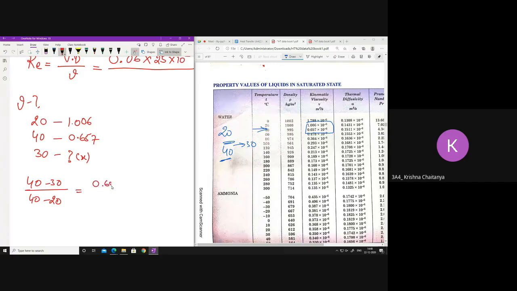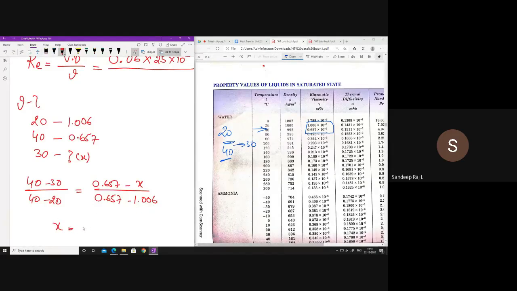Sir, is it 0.8315 into 10 to the power of minus 6? Maybe. Okay, okay. I don't have the answer with me. Cross check with others. So tell me what is the value here?